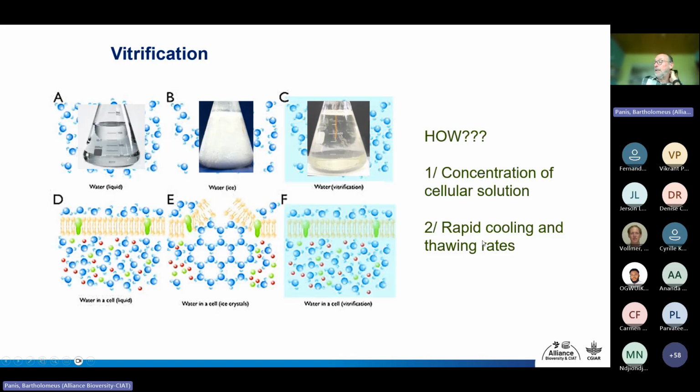And the second thing is that you apply rapid cooling and thawing rates. Rapid cooling rates means that you do not give the time to the water molecules to organize themselves into a crystal, because you go from liquid to solid in a few seconds. The ice crystals do not have the chance to be formed. So in fact, these are two requirements for a liquid to vitrify.